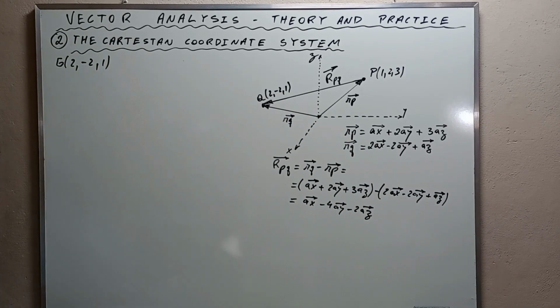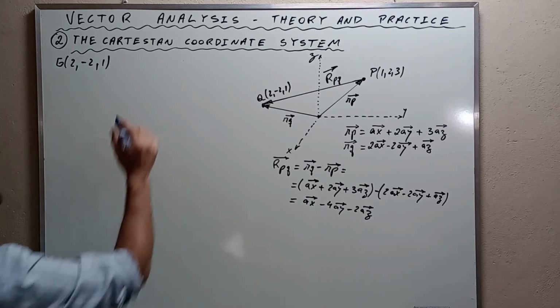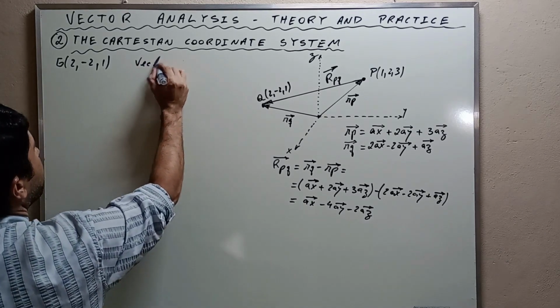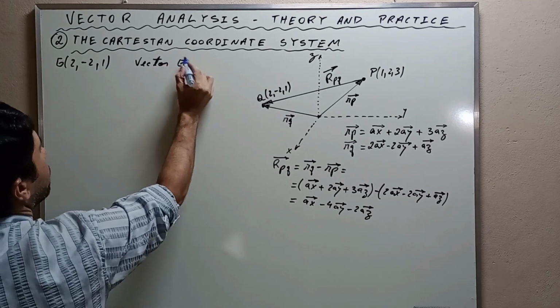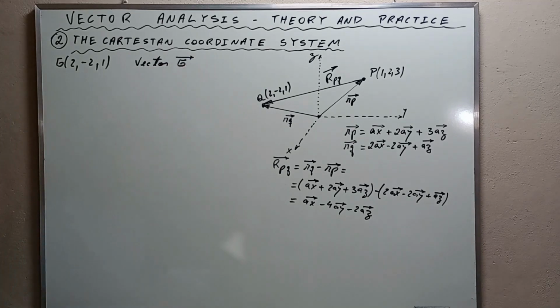We want to specify the vector extending from the origin to point G. Let's call the vector from the origin to point G simply vector G. Vector G can be written in two ways.